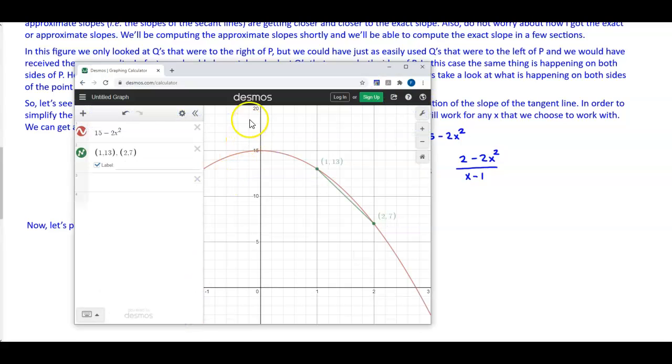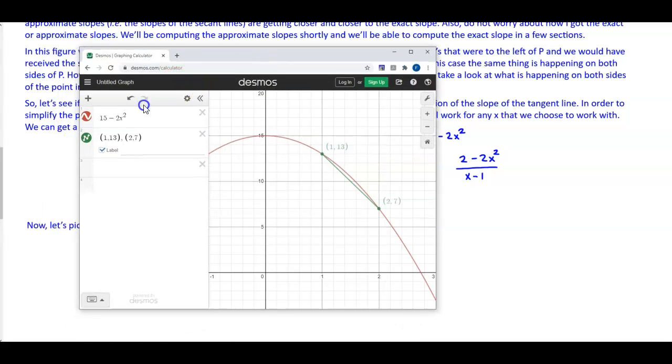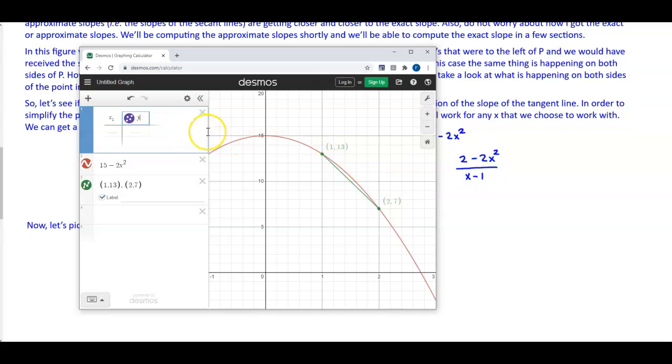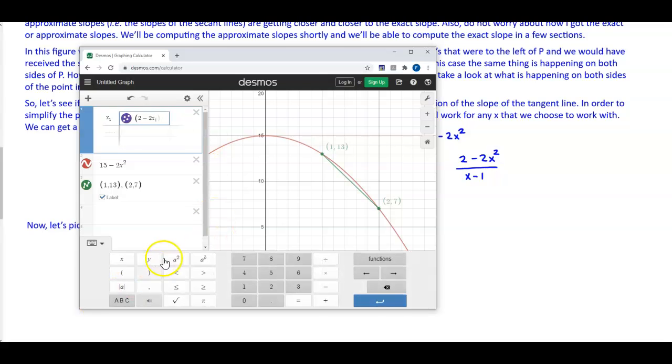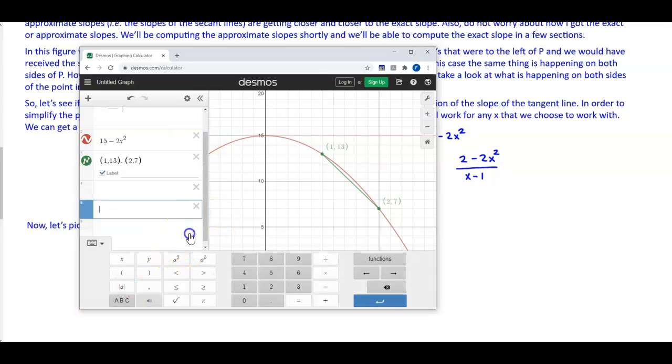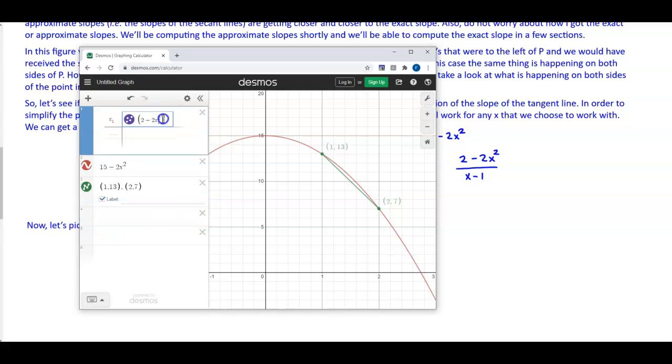So here we have our Desmos. We're going to create a table. Our formula here is going to be 2 minus 2x subscript 1, squared, divided by x subscript 1 minus 1.